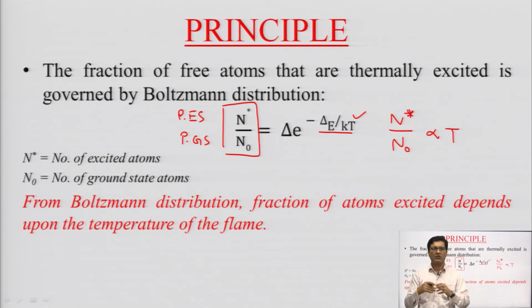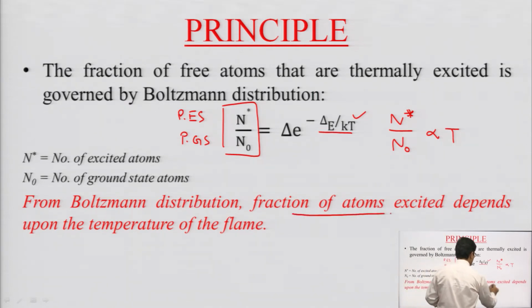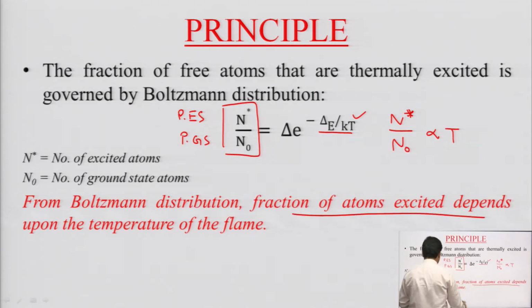If more atoms are present in the excited state, we are definitely going to observe a stronger intensity of the emitted light, so better would be the emission. So, from this Boltzmann distribution, the fraction of atoms excited depends upon the temperature of the flame.